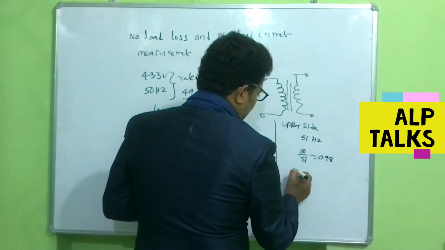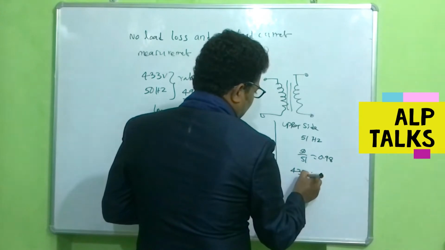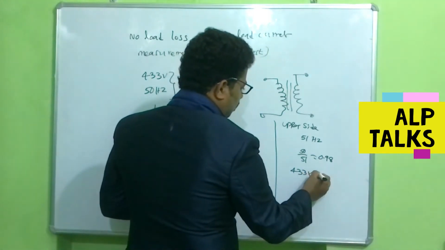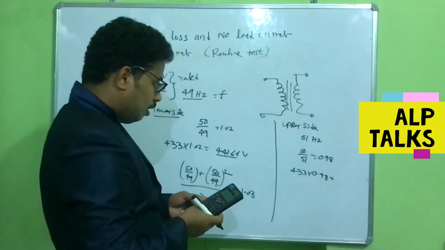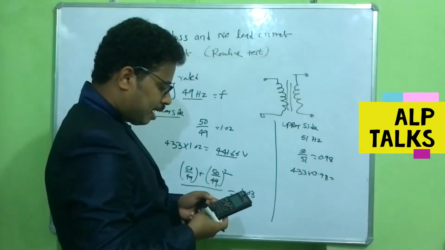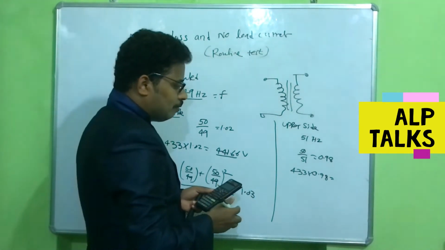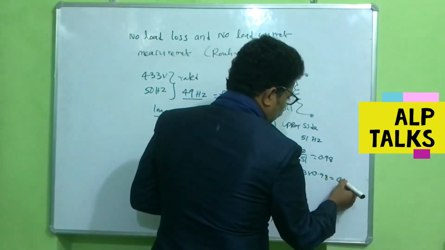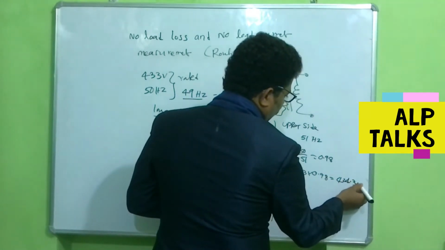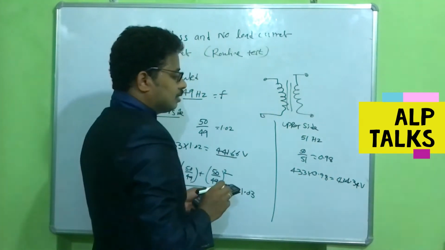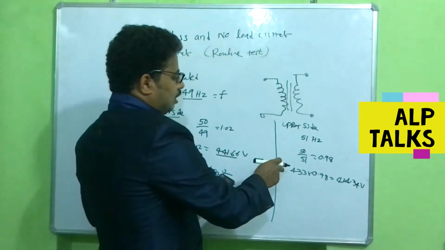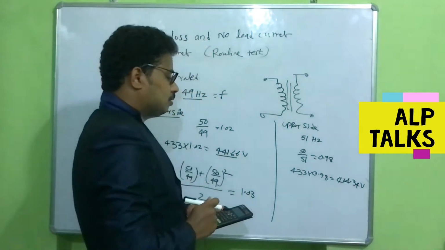So instead of 433 volts, we should apply a voltage of 433 into 0.98. So it will give 424.34 volts for us. So this much voltage we should apply here. The frequency is 51 for us now.